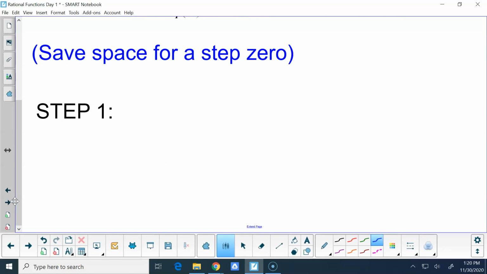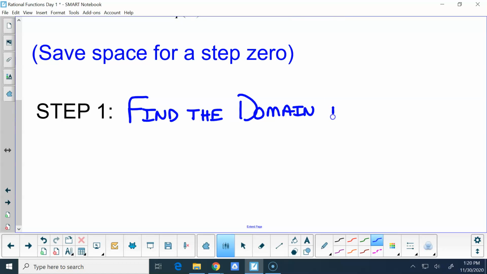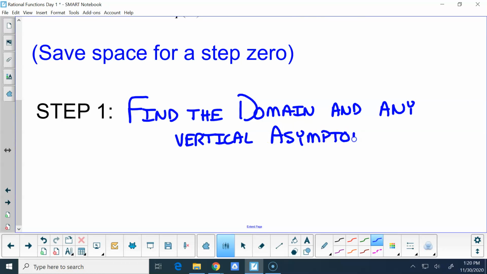The first thing that we're going to do with all of our functions is find the domain and any vertical asymptotes. How do we do that?